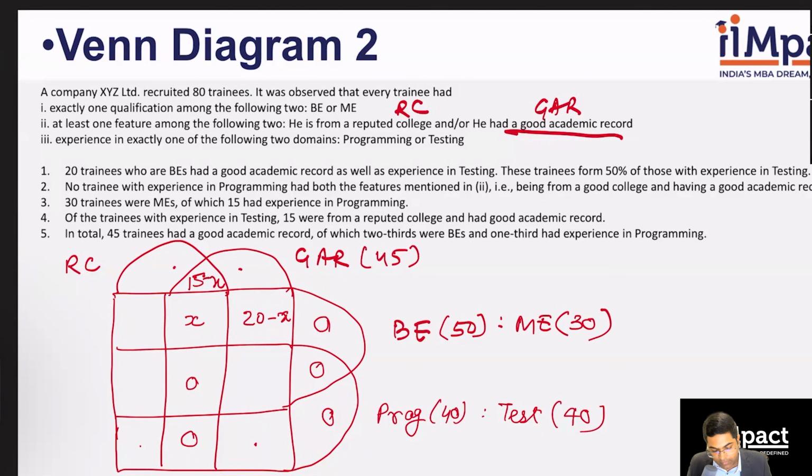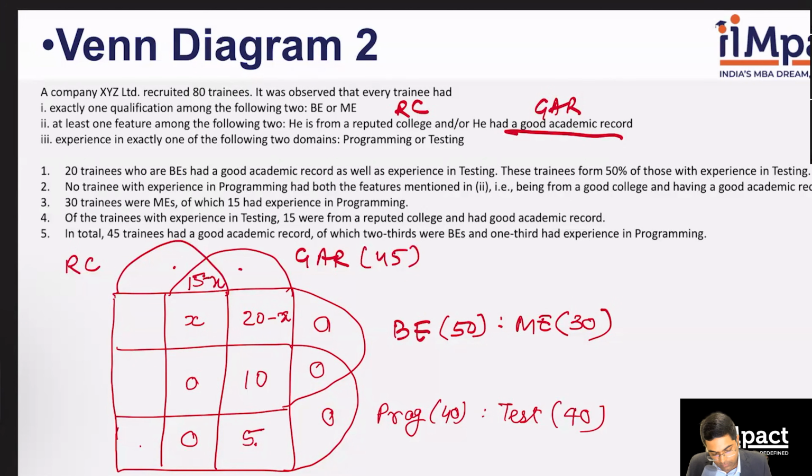That means BEs were 30. So if this is 20, this becomes 10, since X and 20 minus X will give me 20. So I will get this 10, and the rest has to be 15. And one-third had experience in programming, so this becomes 5, correct?